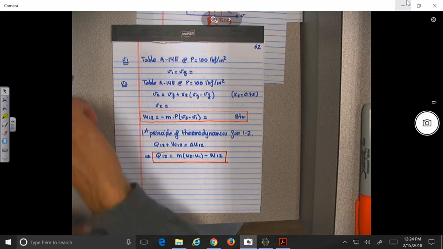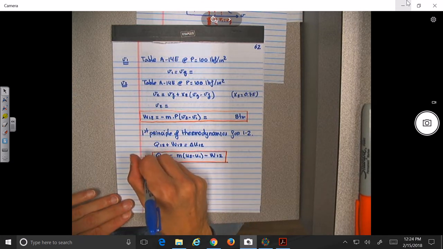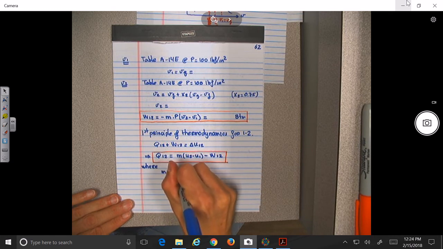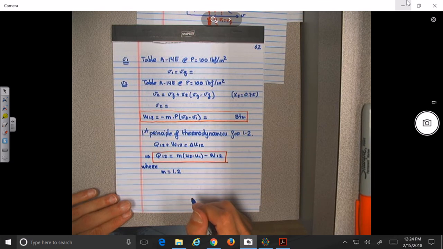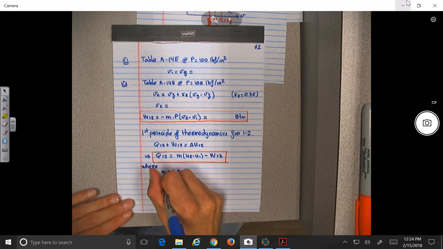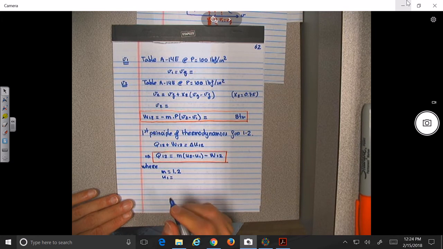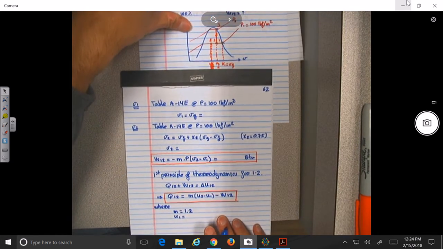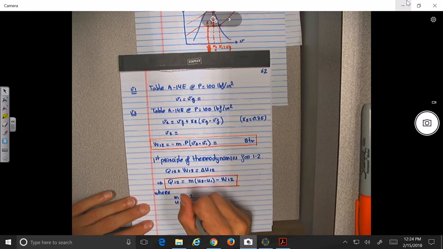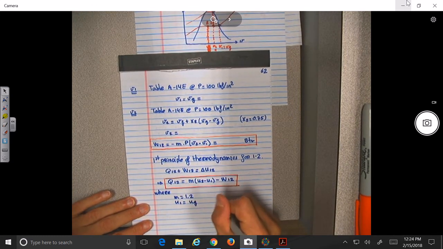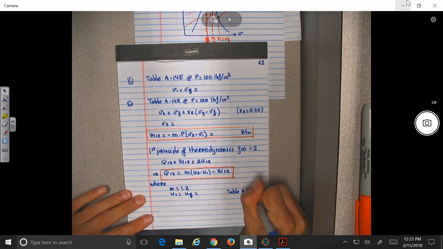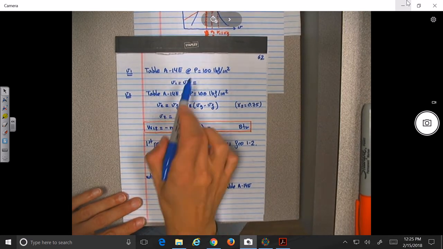All right. So now in this problem, m is equal to what? 1.2. Now U1 will be equal to what? We need to go back to the figure. So what will be U1? U will be Ug from table A14E at 100, the same thing you had.